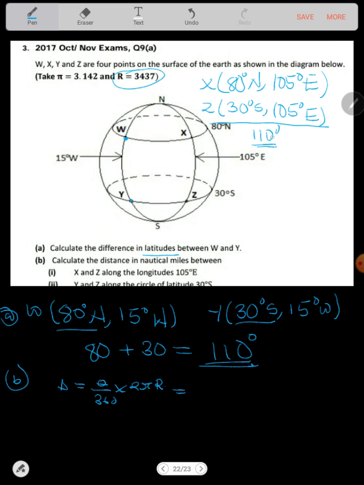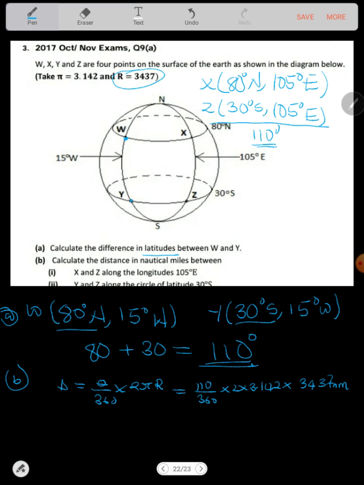So now let's replace. The angle difference is 110 over 360 times 2 times pi, which is 3.142, times r, which is 37 nautical miles. Then you just have to punch it on the calculator.